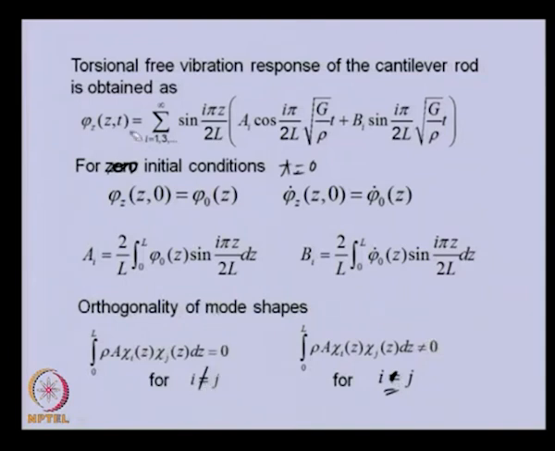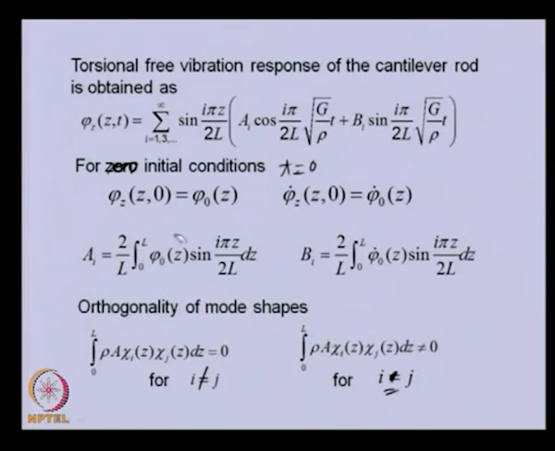So, you can see that once we multiply both sides by the eigenfunction of the ith mode, the terms here will be 0 corresponding to all modes except i. These have been obtained using this orthogonality condition of the mode shapes.